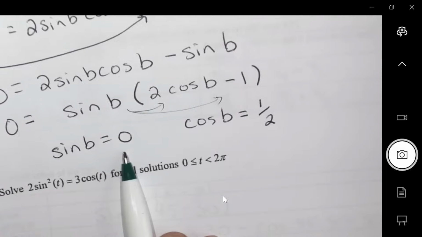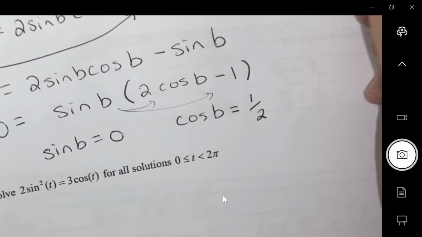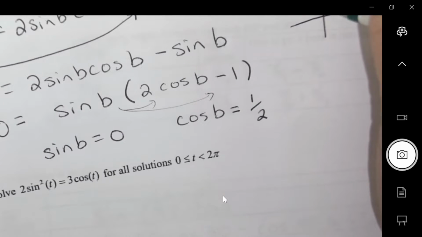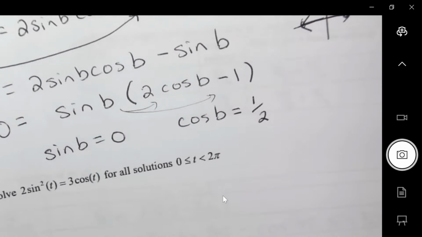So where are their y values of 0? Right here and here.